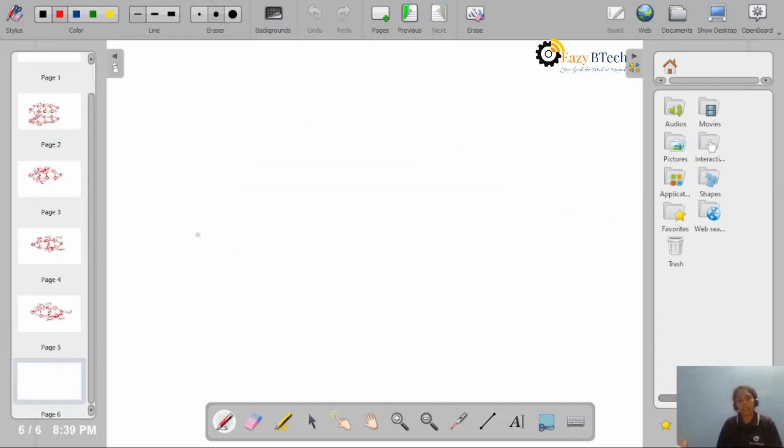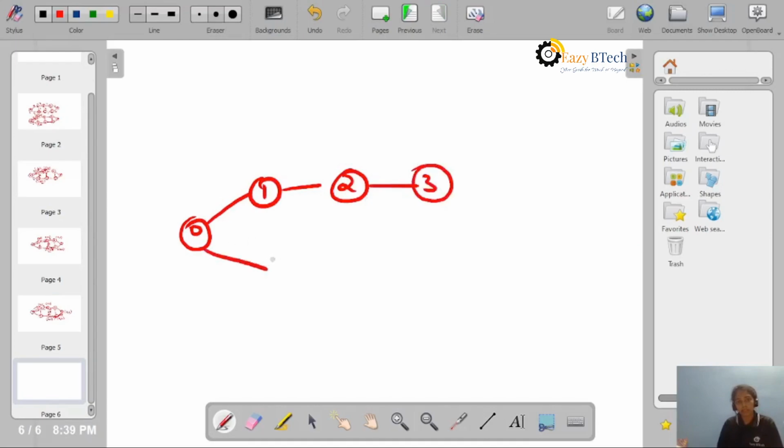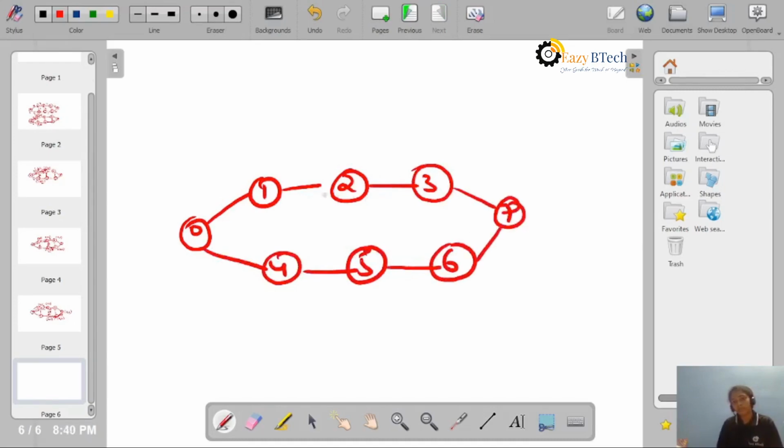So write down clearly 0 to 1. 4 comma 0.